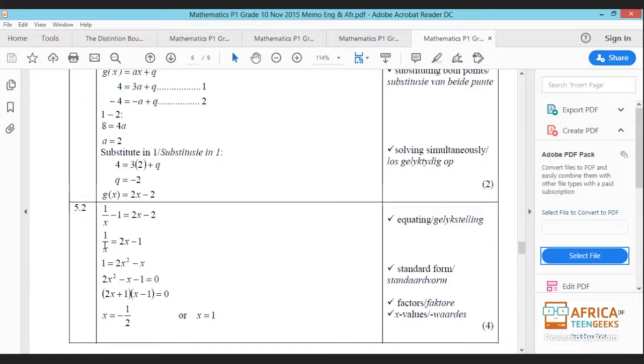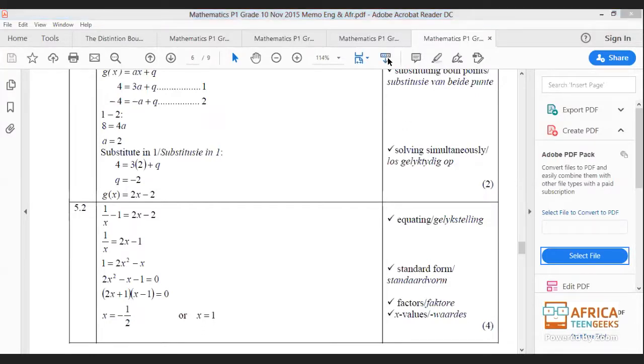When you multiply by x here, 1 will remain. When you multiply by x here, you have 2x squared. When you multiply by x here, you're going to have -x. Then you transpose this one to the other side. That's how we got 2x squared. Simplification, guys, your algebra. Okay, thank you. I'm glad that now you are following.